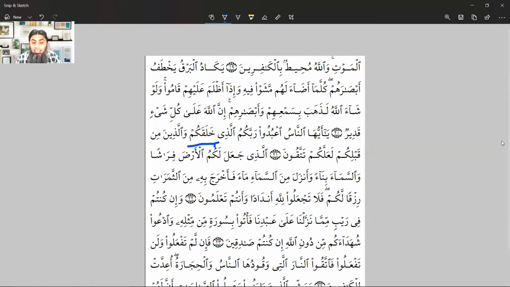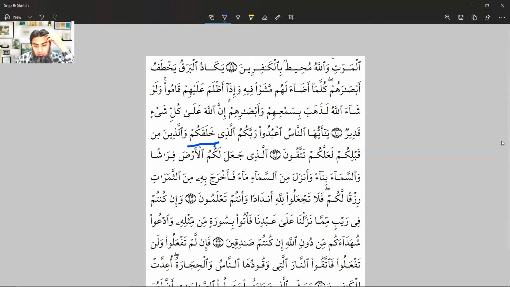This alladhi is a mawsool, and one of its sila is ja'ala lakumul arda firashan was samaa'a binaa'a. That is one sila. And next sila is now starting. Anzala, and he sent down, which is fail madi. Minas samai is jar majroor, mutaalliq bil fail. It means from the sky. Ma'an is maf'ul. Excellent. Water.